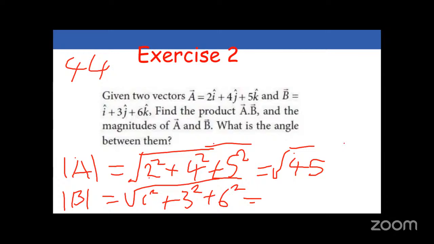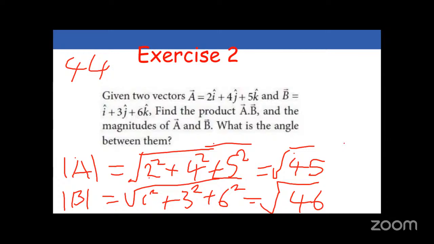So that is 1 square is 1, 3 square is 9, that is 10. 6 square is 36, that is 10 plus 36, that is 46. So we've solved for the magnitude of A and B.